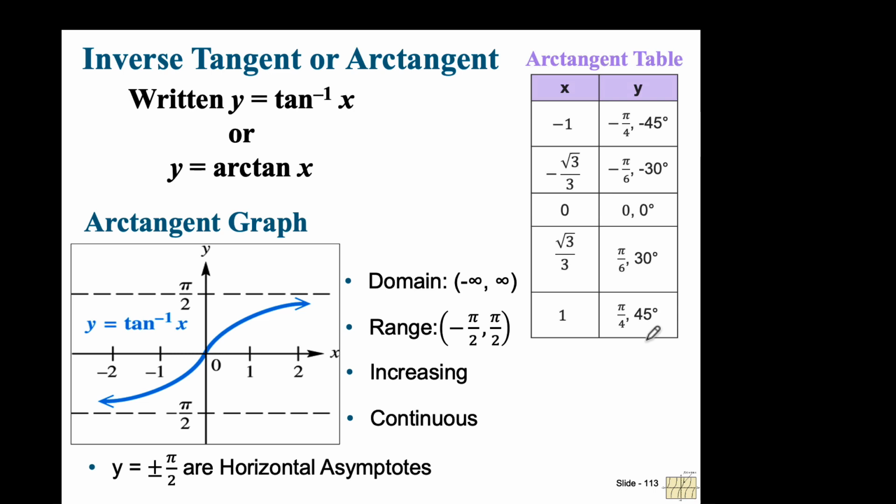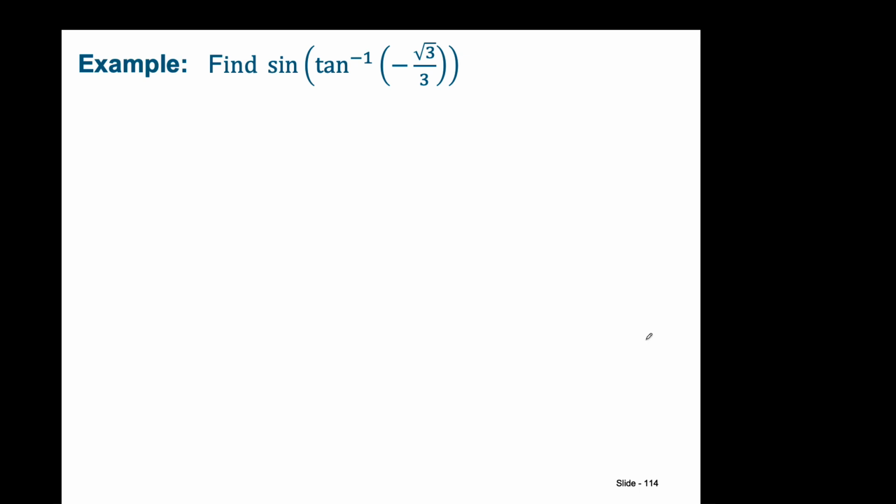Okay, let's go to exercises using arctangent. Here we're asked to find sine of inverse tangent of negative radical 3 over 3. Wouldn't it be nice if it was just sine of theta? Then we could just use our table, or we could use the graph.